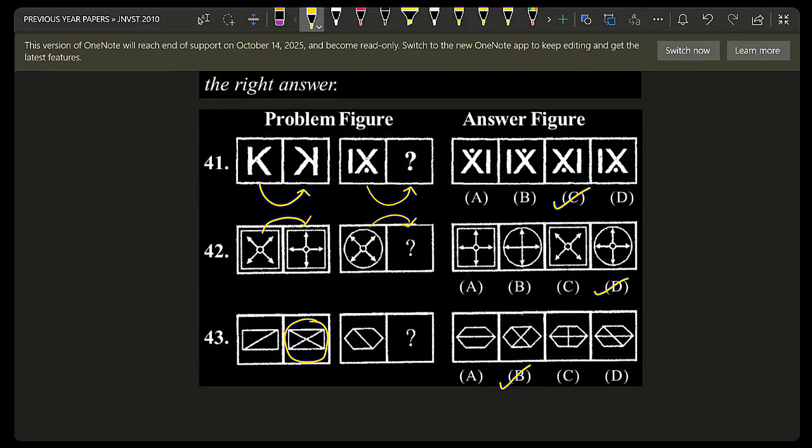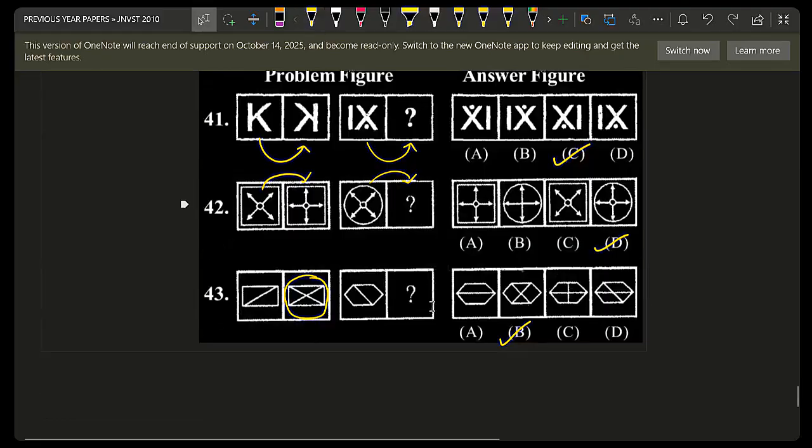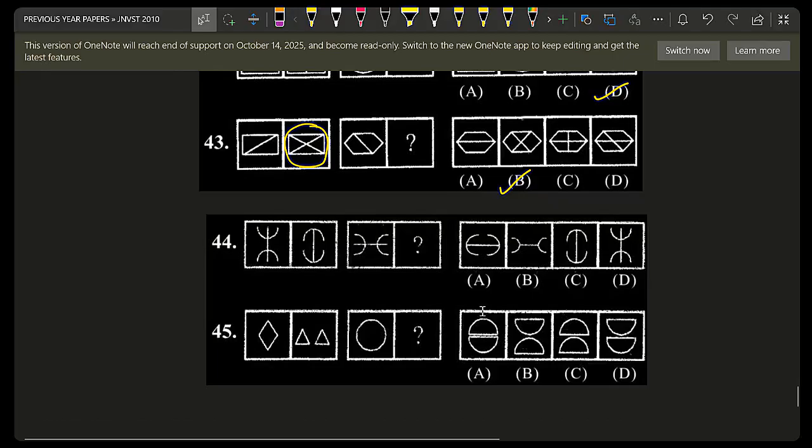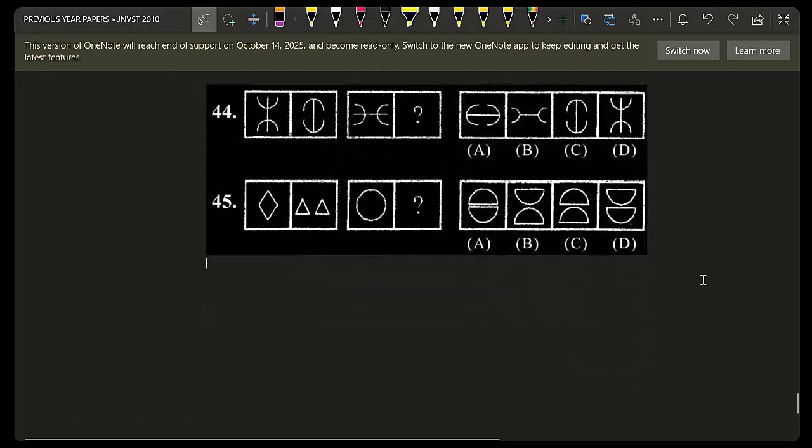And 44 onwards. 44 and 45. So this is simple. These 2 curves are just changing their direction and became this.